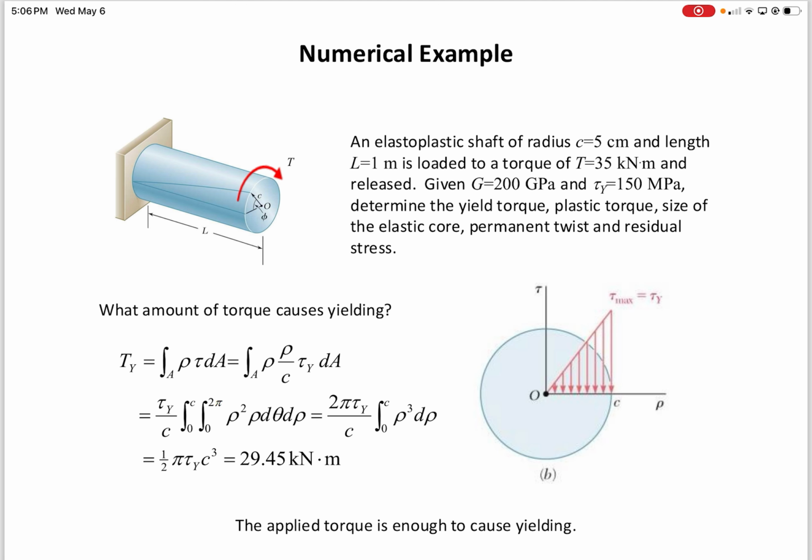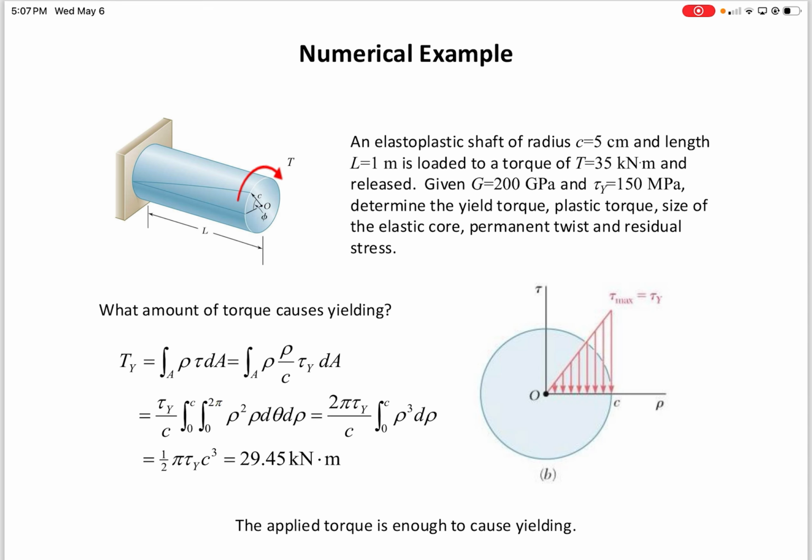We're asked to determine: A, the yield torque, or the torque that would cause yielding; the plastic torque, which is the torque the rod can fully handle before every part of the rod yields; the size of the elastic core, which depends on the angle of twist; and the permanent twist and residual stresses.